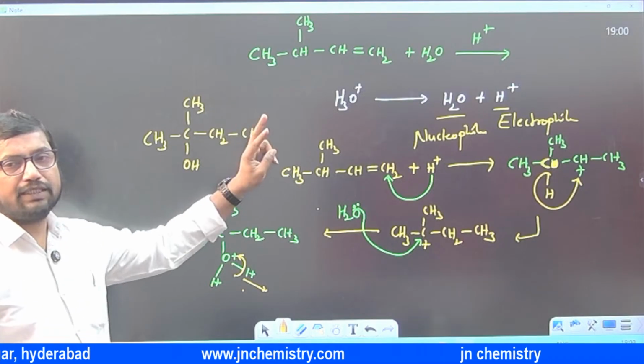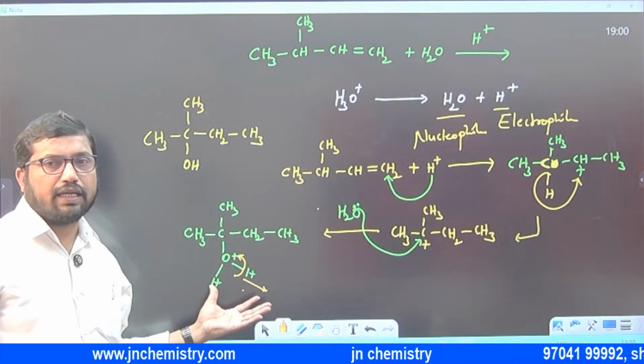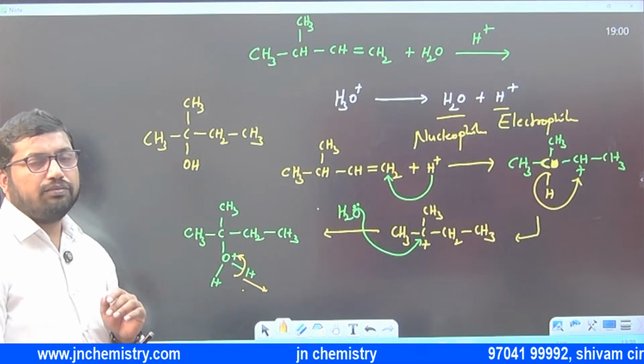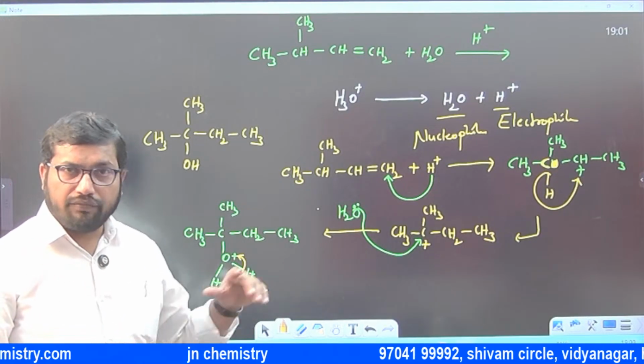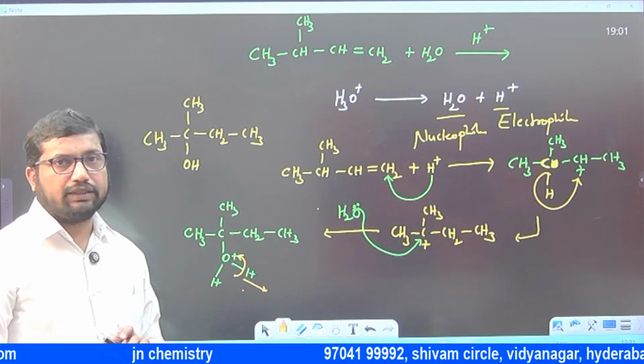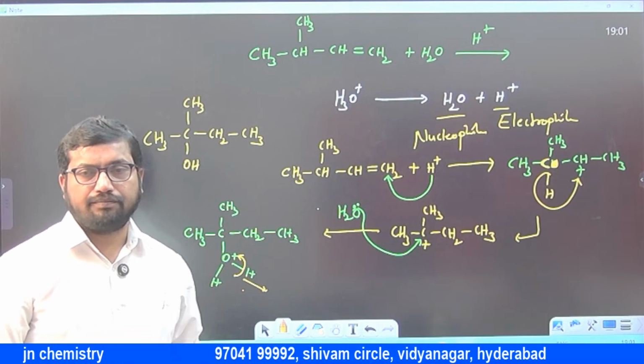Directly we can write H plus plus OH minus, but according to the mechanism this is the correct process, and we need to follow it. But whenever we are writing the products directly, in the place of Br we can directly add OH. Clear? So write it down.